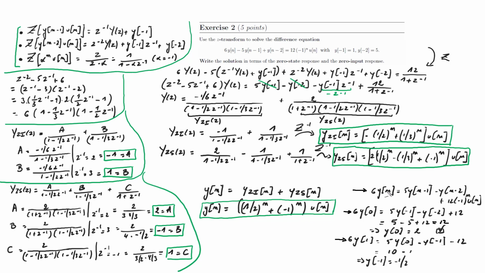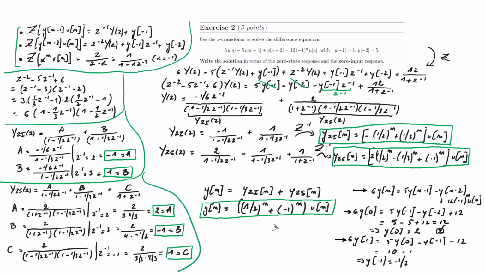Now you can use this equation with n is equal to 1. Here it is. Since we have y0 from the previous equation, you can inject. We have y of minus 1, it's here. And you can see that, well, 6 times y1 is equal to minus 3. So y1 is minus a half.